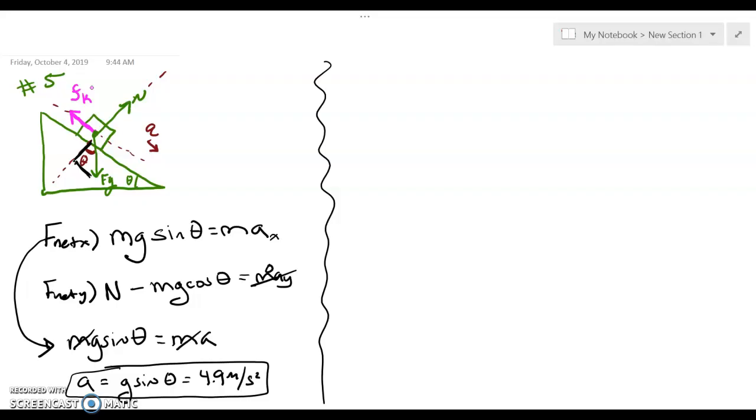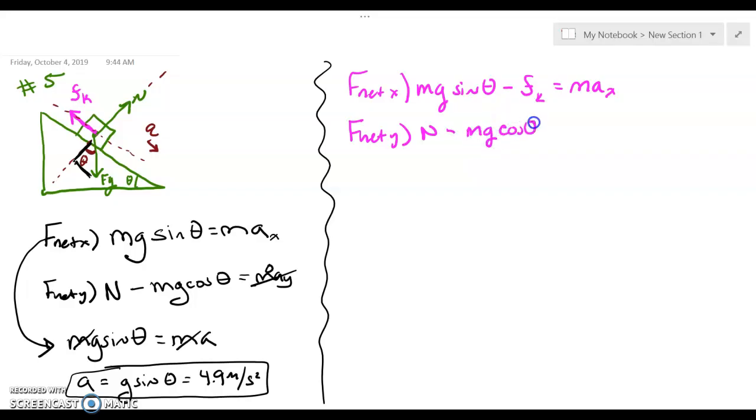So how does that change the f net x, f net y? Well, f net x, it'll still be mg sine of theta, but now it's going to be minus kinetic frictional force equals max. And nothing changes in the y direction, n minus mg cosine of theta, and that's still equal to 0.